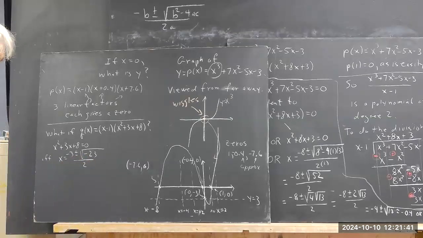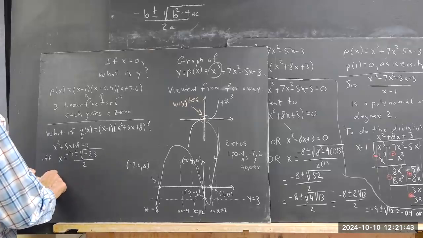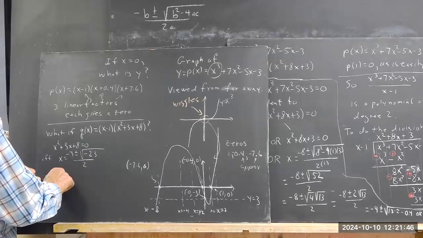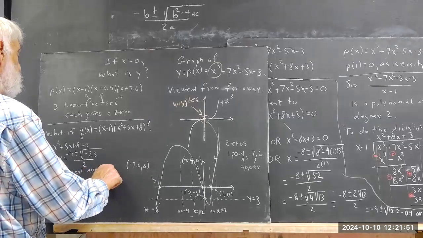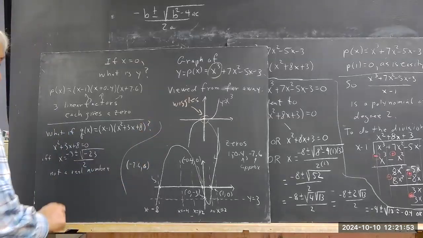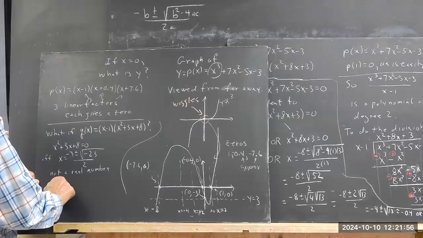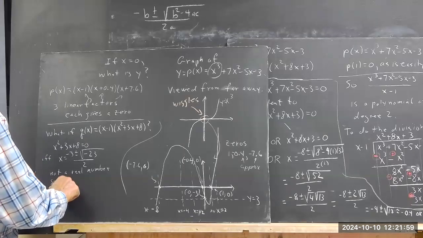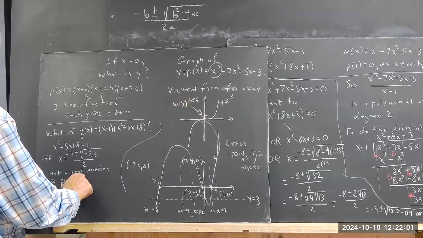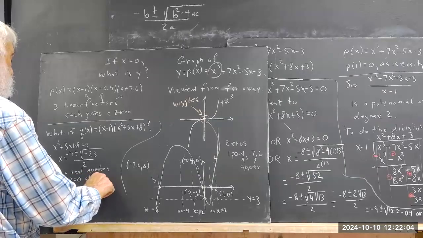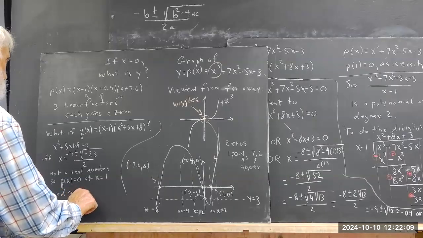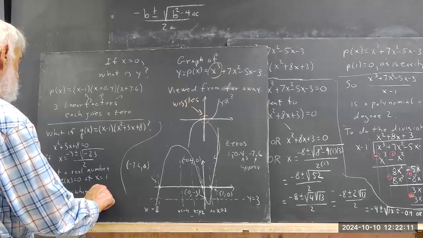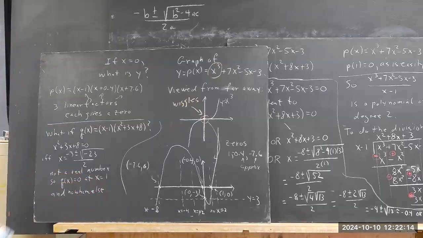You can do that yourself and verify it's true. This is not a real number. So q of x equals 0 when x equals 1 and nowhere else.